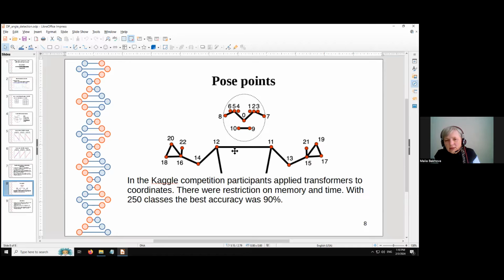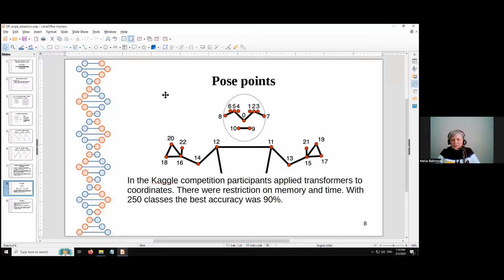So this kind of points and how a finger is placed next to them is very important. So this is about scaling.